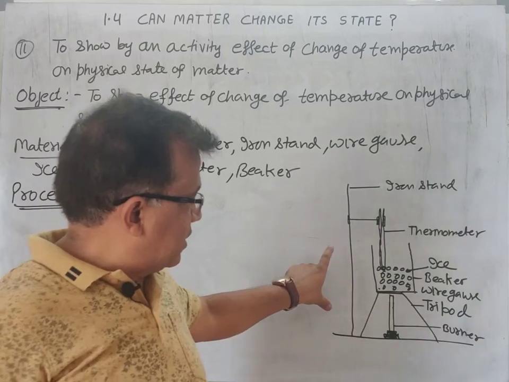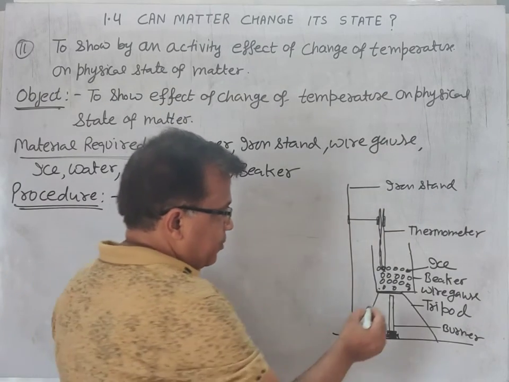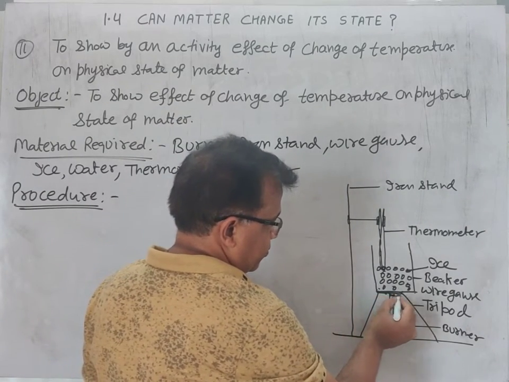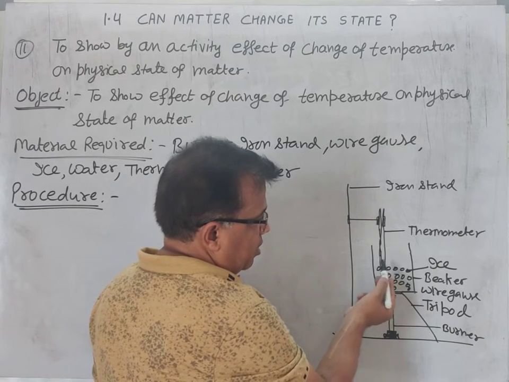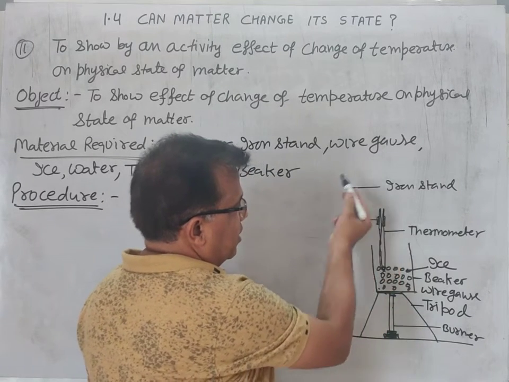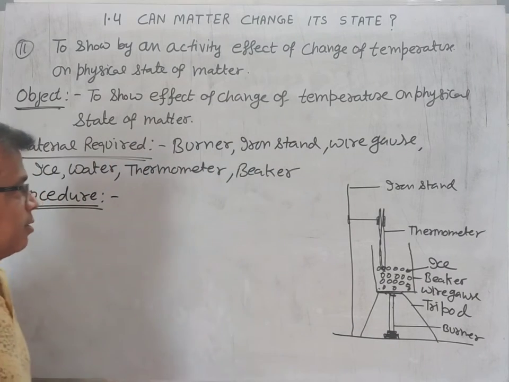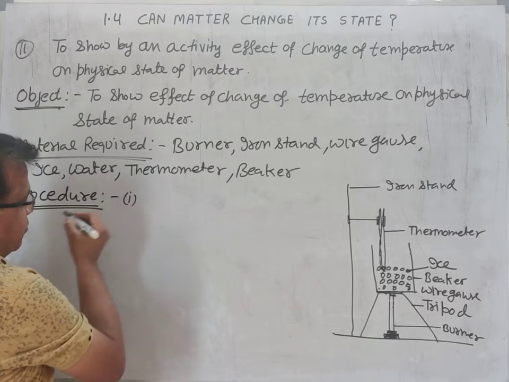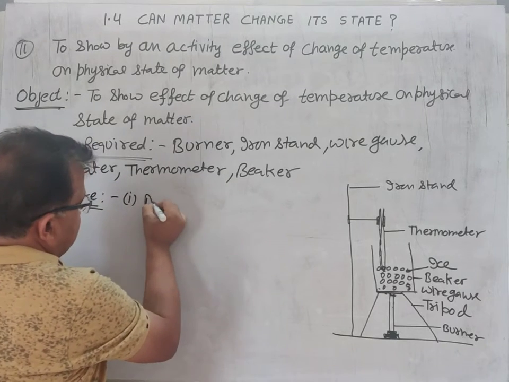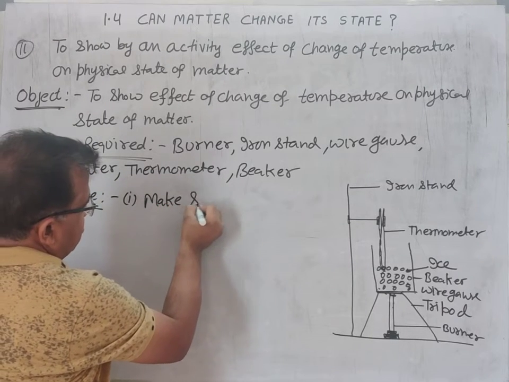For this, it is the diagram. Here it is burner, then wire gauze, beaker, ice in beaker, thermometer and iron stand. So in the procedure, first is make setup as shown in the diagram.